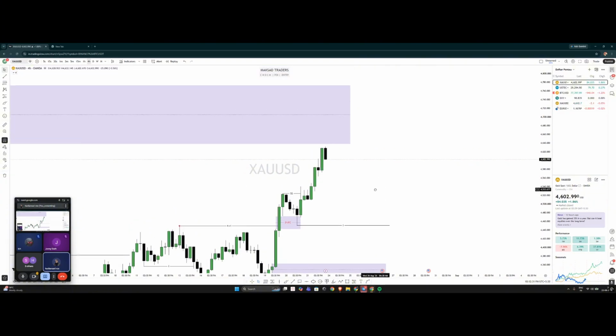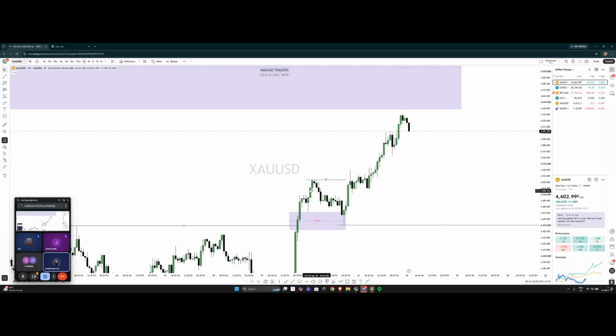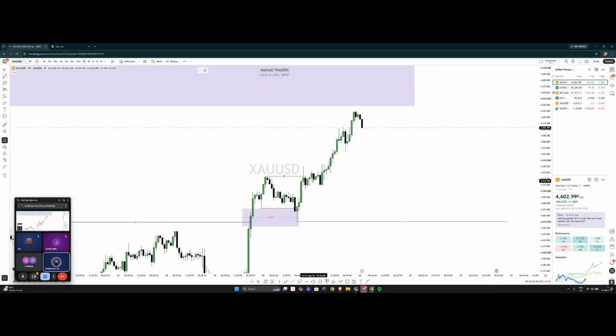Now let's check on 1 hour. Okay, on 1 hour, this inducement, let me keep it here. We have an inducement at this point, and then we have this as a breakout structure, but it's swept, so obviously this is another sweep.